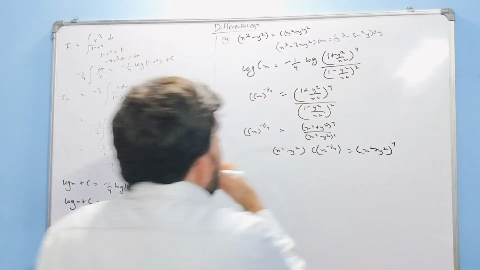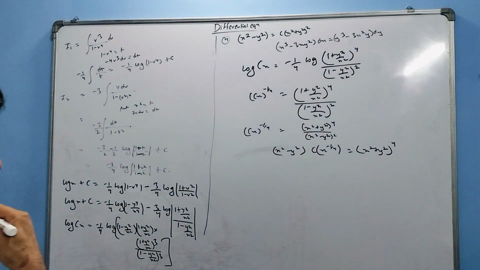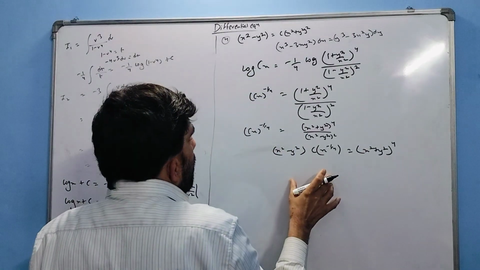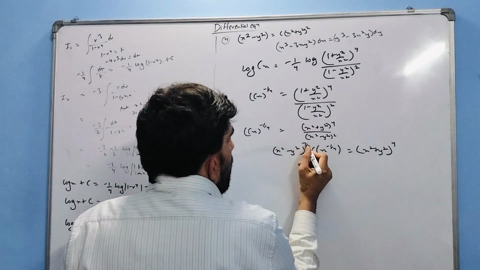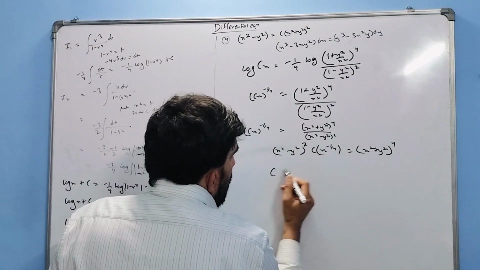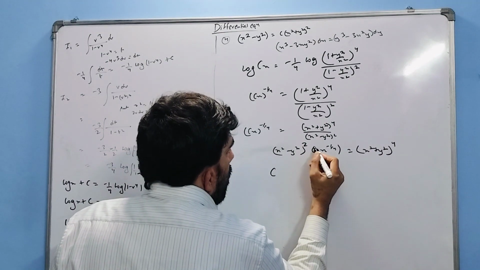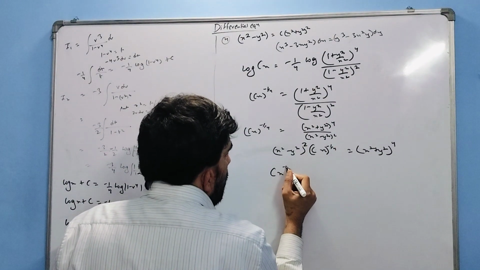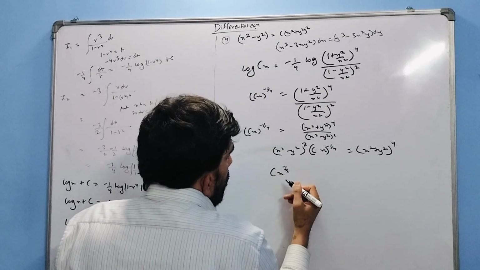Okay, so now what we can do, in a very simple way, is take the square root of this. Taking the square root, we'll have cx minus 1 upon 2.